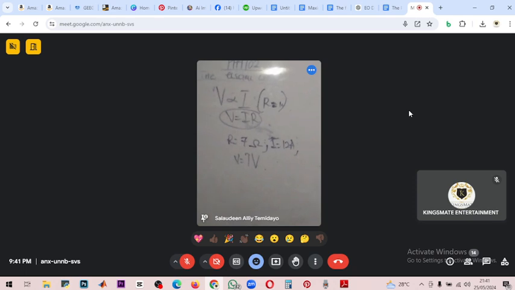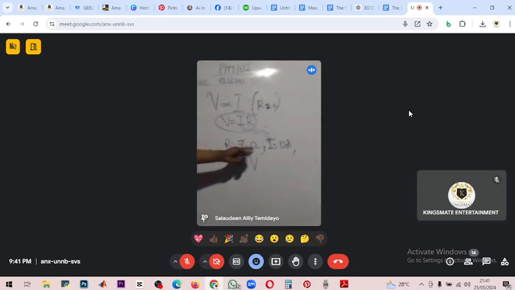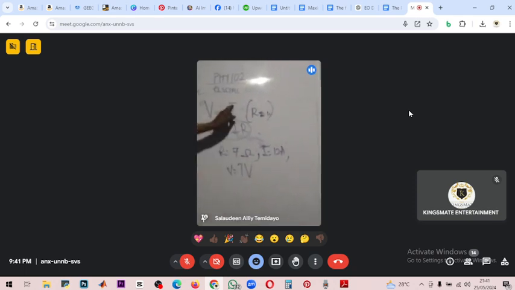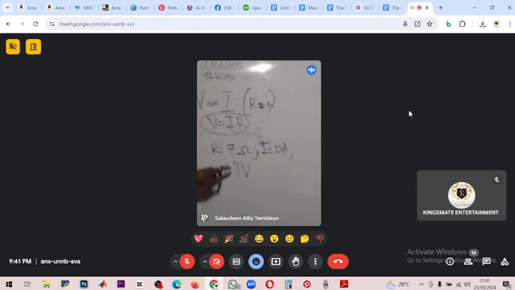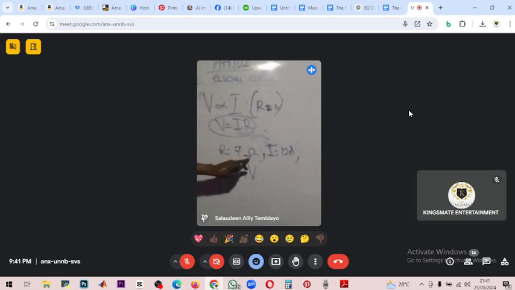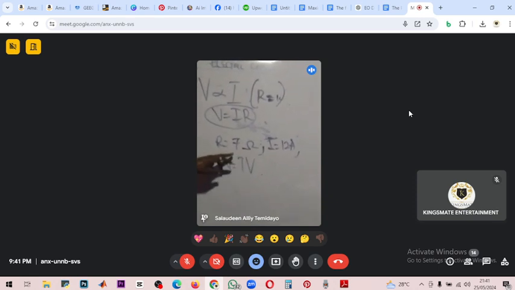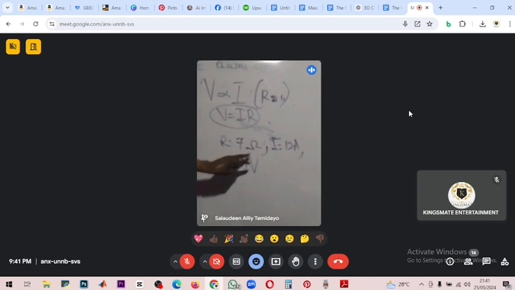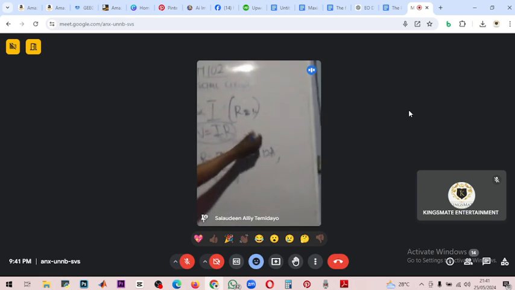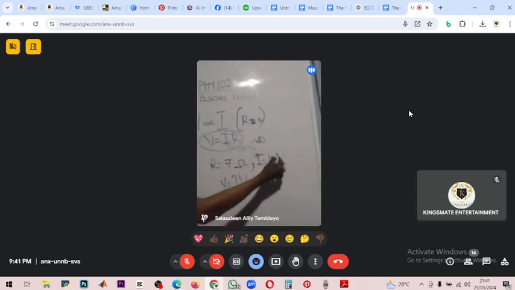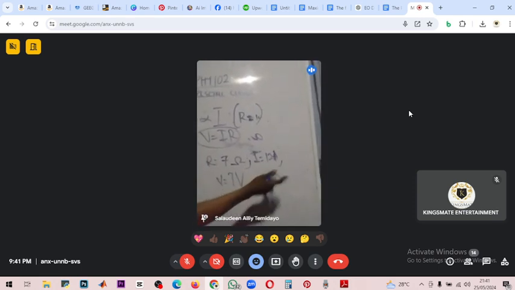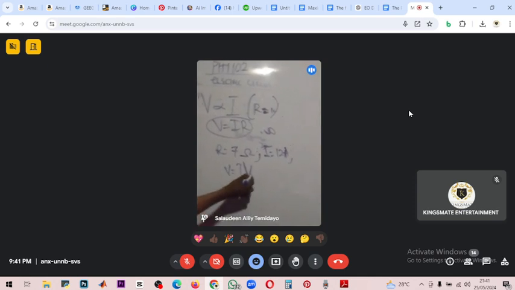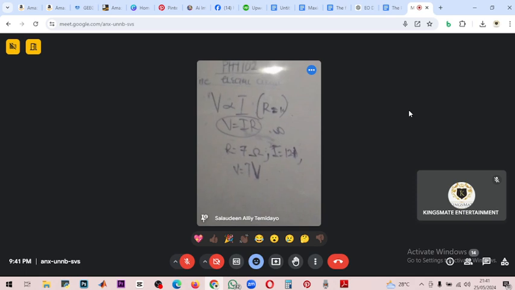Ohm was named after the person that stated Ohm's law, Georg Simon Ohm. This is omega, a Greek alphabet, the capital letter omega; the small letter is like this. Ampere was named after Andre Marie Ampere, and volt after Alessandro Volta.